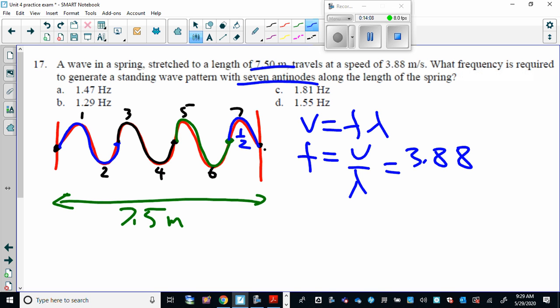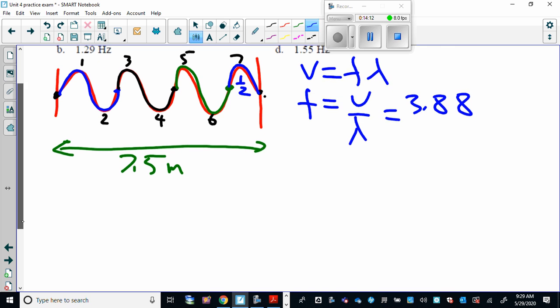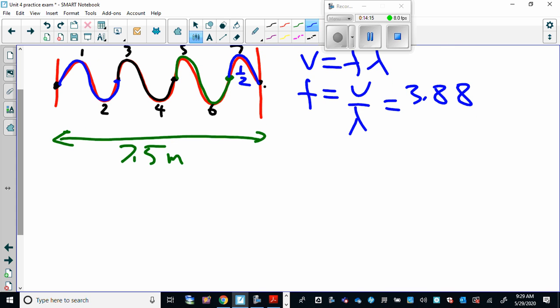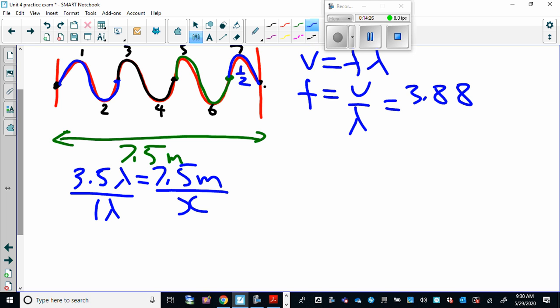That's 7 antinodes. So I'm just going to do it as a proportion. You can probably figure it out any way you want. You're going to say if 3.5 wavelengths equals 7.5 meters, then what is the length of one wavelength? If you do that, you cross multiply and divide, and you get x equals 2.41 meters.